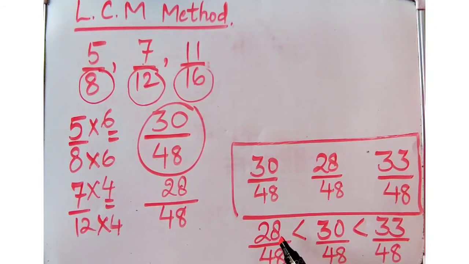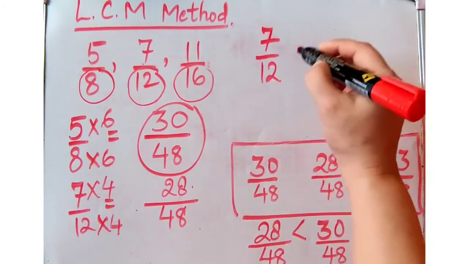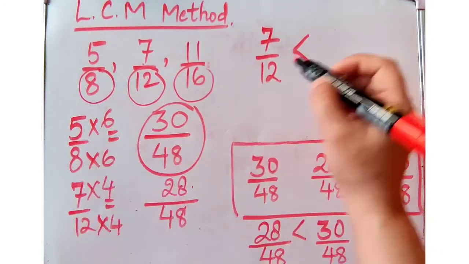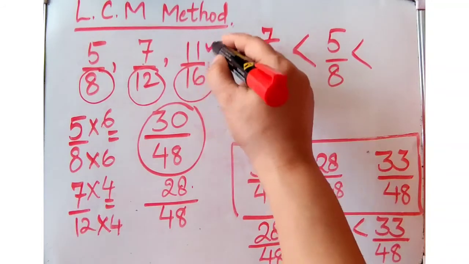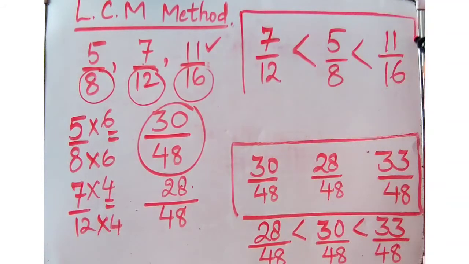Now the fraction corresponding to 28 by 48 is 7 by 12. That means 7 by 12 is less than 30 by 48, which is 5 by 8. And similarly for 33 by 48 you are left with 11 by 16. So this is the ascending order of the given fractions. Hope this is clear to you.